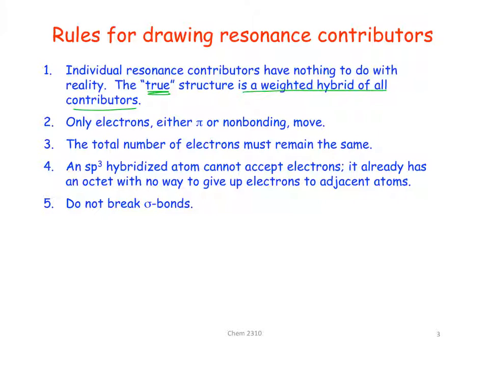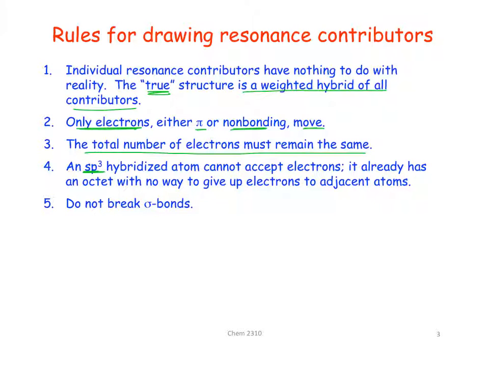When we have resonance contributors, only electrons, which can be either pi or non-bonding electrons, move. The atoms can't move. We can only move electrons, so we can make single bonds into double bonds and things like that. The total number of electrons in all resonance contributors has to be the same.